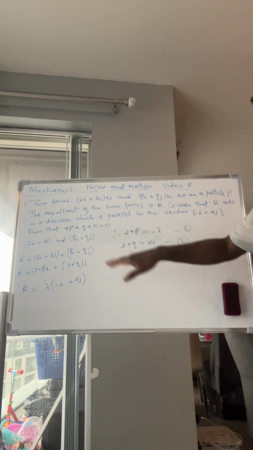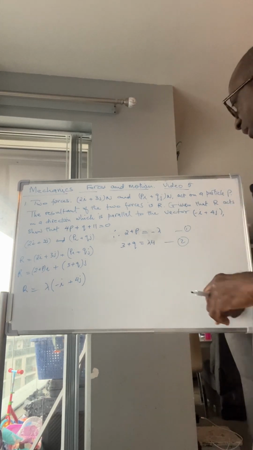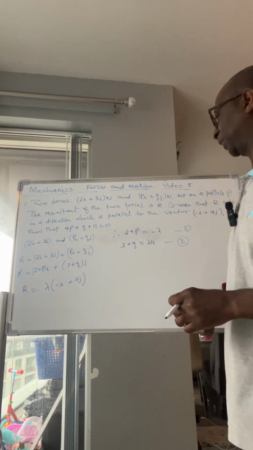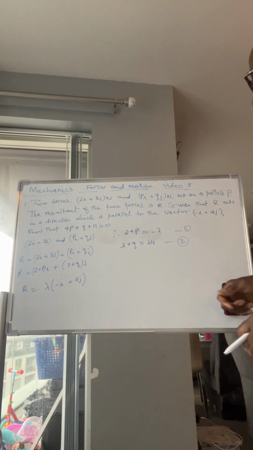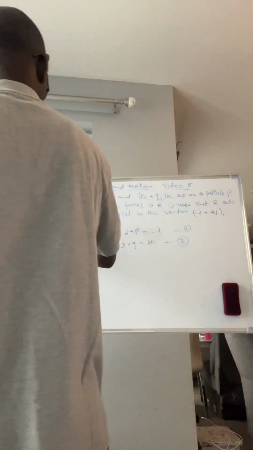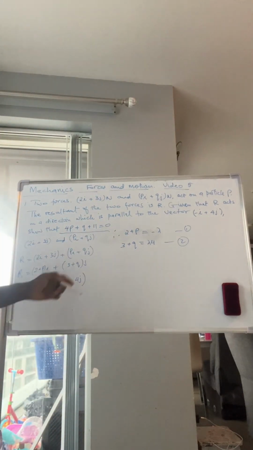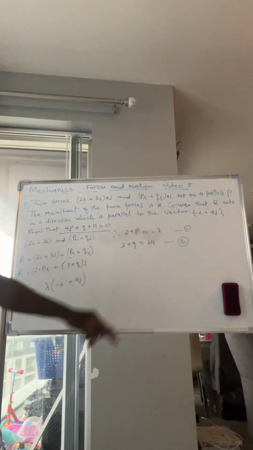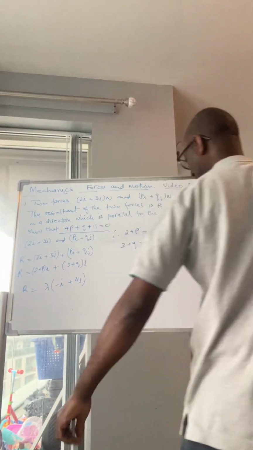Normally we solve two equations simultaneously, but we have three unknowns, p, q and lambda, so we don't go that way. In the final equation we are given, there is no lambda, but in our two equations we have lambda, the multiple. So let's get rid of lambda.